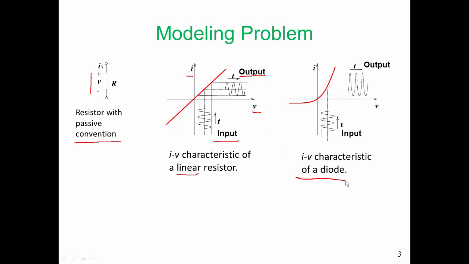But consider a nonlinear characteristic, in this case a diode. A diode has an exponential relationship between the current and the voltage. This current is an exponential of the voltage, and so if we apply a single sinusoid as the input voltage, we will have an output here that includes harmonics.